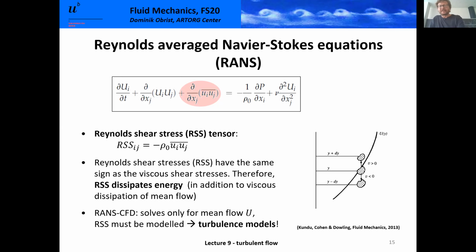So you can start analyzing it, and one of the first things you find is that this term here, at least the off-diagonal terms, the covariances, will typically have a negative sign. And this is explained on the picture on the right-hand side. You have here a mean flow, a shear flow, which is a bit faster higher up and a bit slower lower down.